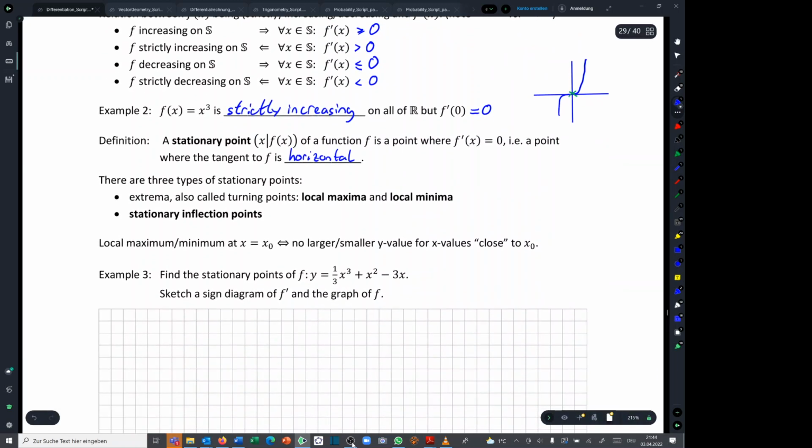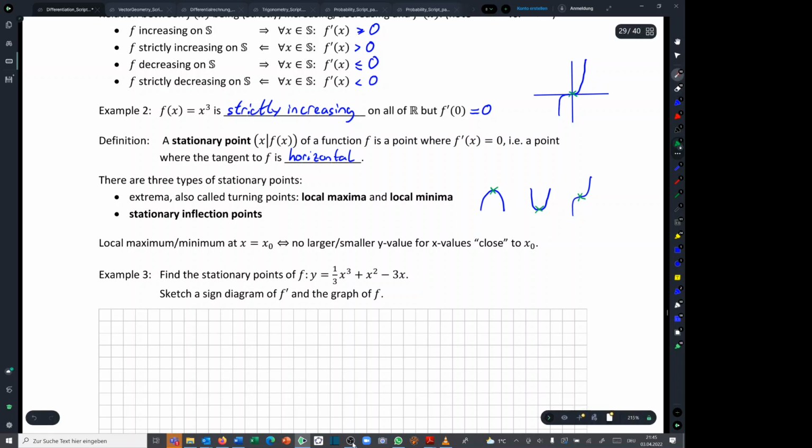And there are 3 types of stationary points, namely extrema, also called turning points, local maxima and local minima, which are shown here. Here we have a local maximum. Here is the highest point. A local minimum is here. And stationary inflection points are what we called so far saddle points. These are often called just stationary inflection points.